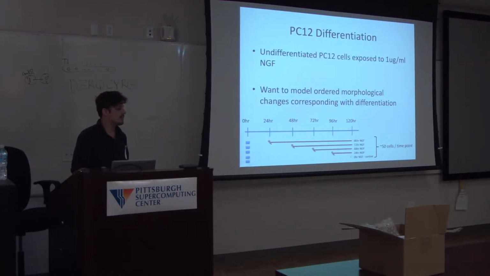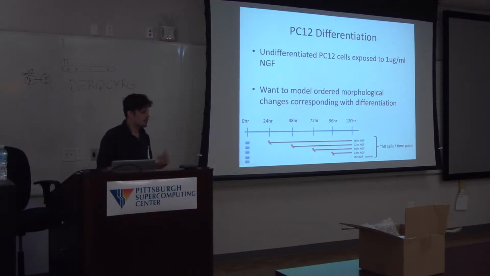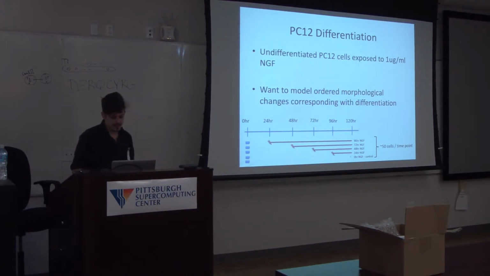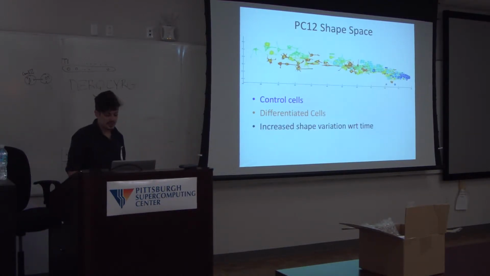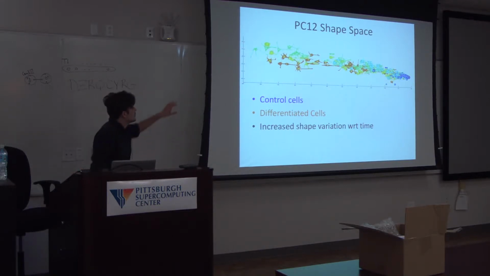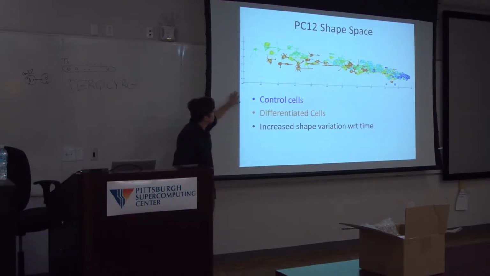And you guys, of course, have been asking a lot about modeling neurons. A while ago, I took a bunch of images of PC12 cells that have been exposed to neuronal growth factor, and I was interested in how we could model the differentiation process. Given about 50 cells at each time point, I computed another shape space, and the first two dimensions of that space can be seen here.